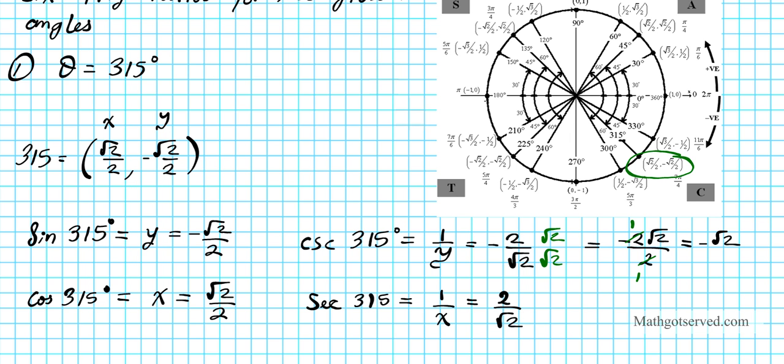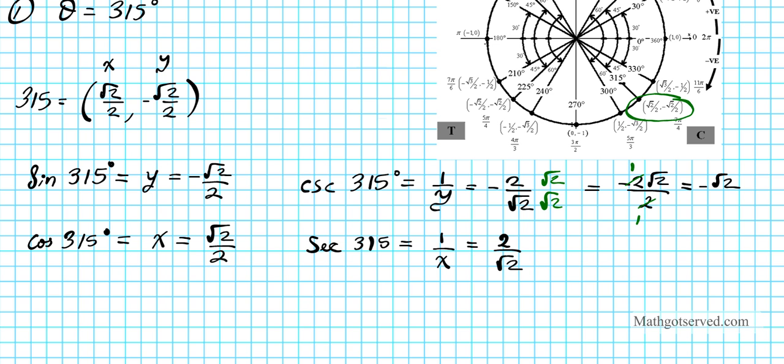To rationalize the denominator, we multiply top and bottom by root 2. That gives us 2 root 2 over root 2 times root 2, which is root 4, which is just 2. Divide top and bottom by 2, and your final answer is root 2.